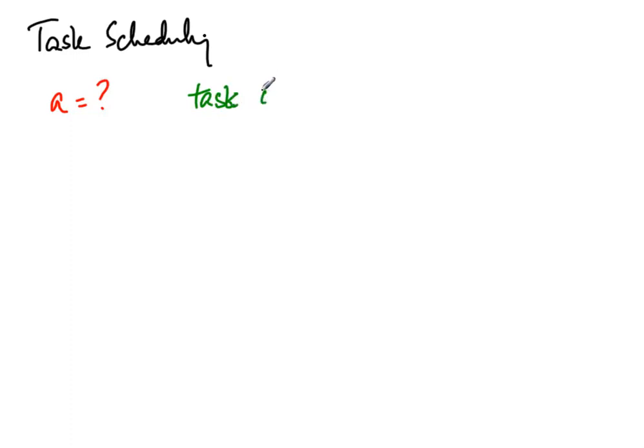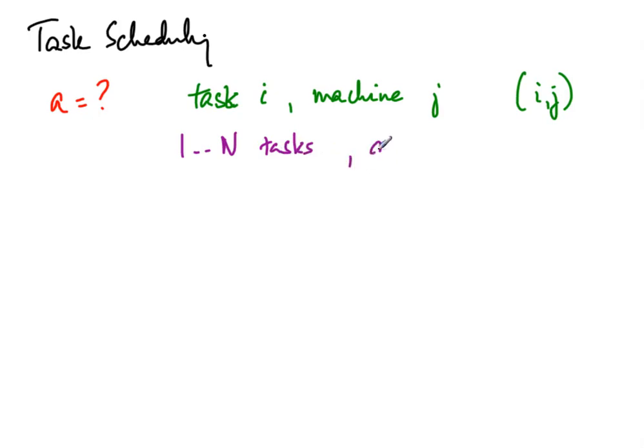What about the task scheduling problem? So here, what is A? If I have task i assigned to machine j, I can think about it as a pair i comma j. So i comma j means task i is assigned to machine j. Now we know that there are 1 to n tasks, and at most 1 to n machines.